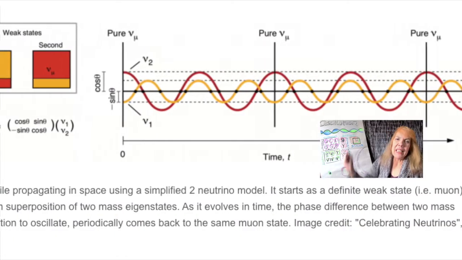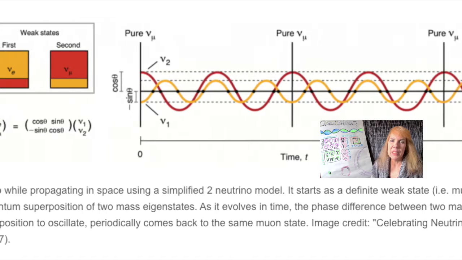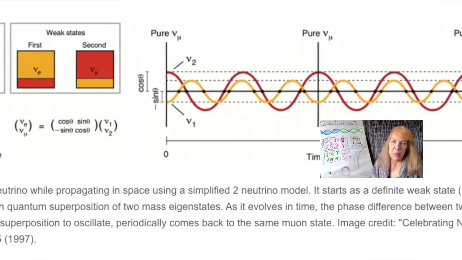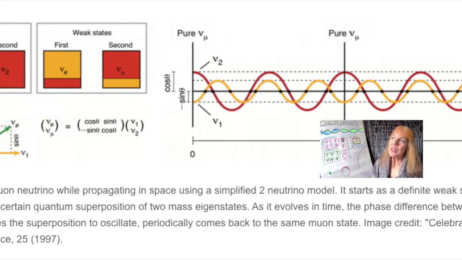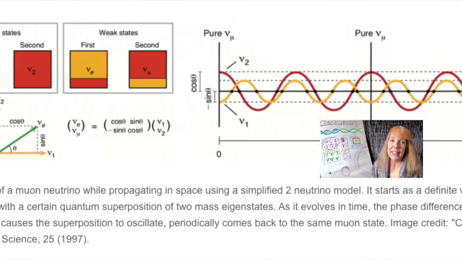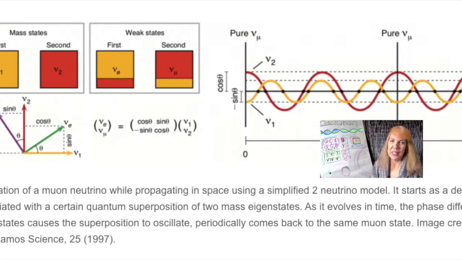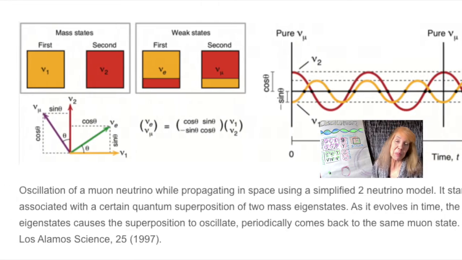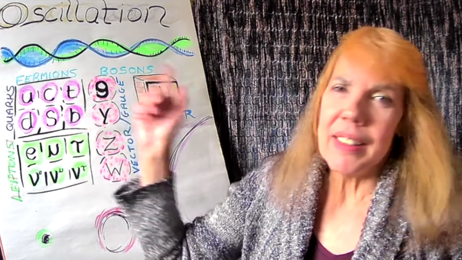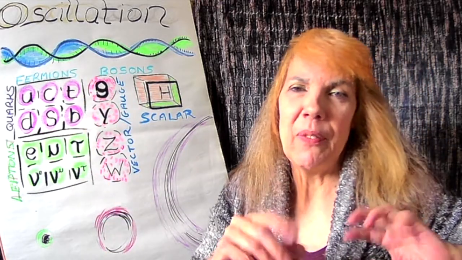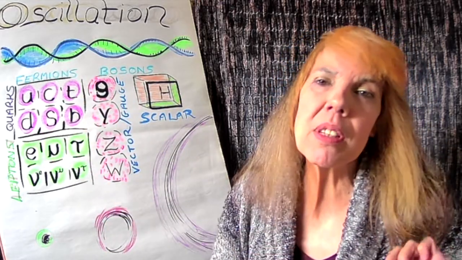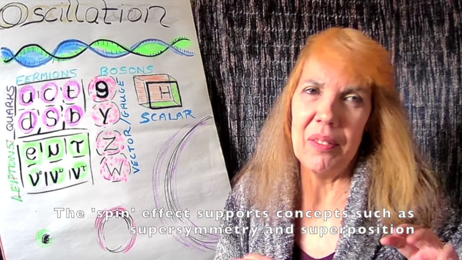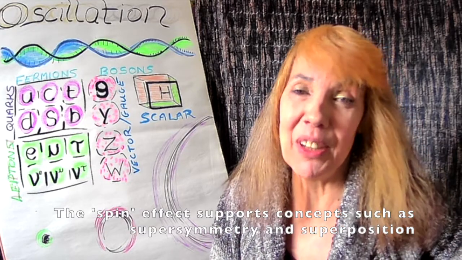I've used the double helix format because it seems to fit rather well with the model. If we think about spin as a feature of these particles, including electrons, and presumably also the muon and tau, then you can see that this spin effect supports supersymmetry, which is now dead, pretty much.